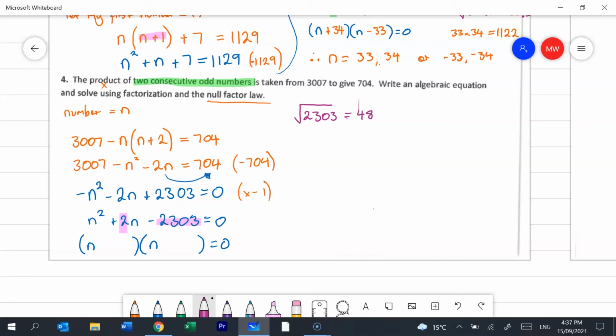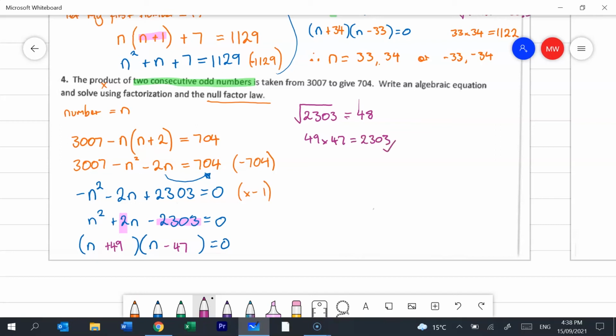Guess and check. I'm going to go one number higher and one number lower. So I'm going to say 49 and negative 47, because 49 minus 47 would make 2. Checking in my calculator again, 49 times 47. Yep, that does make 2,303.